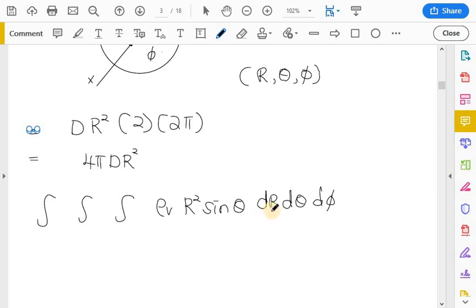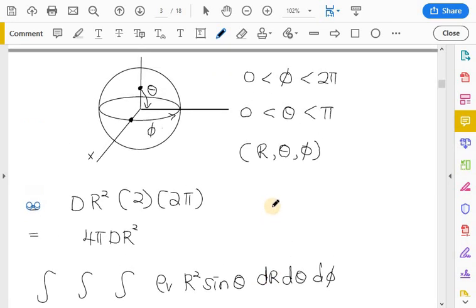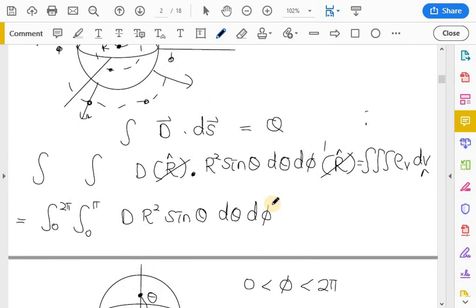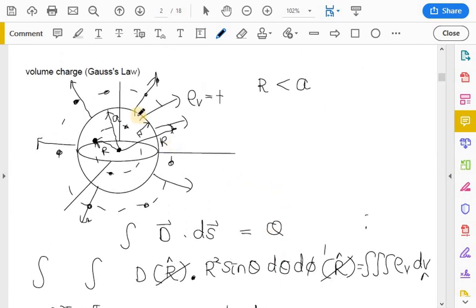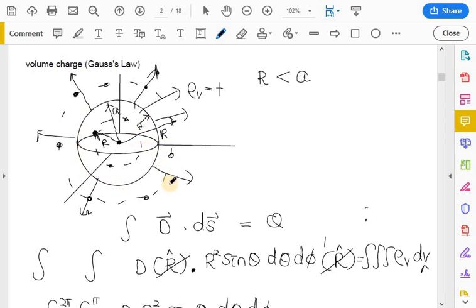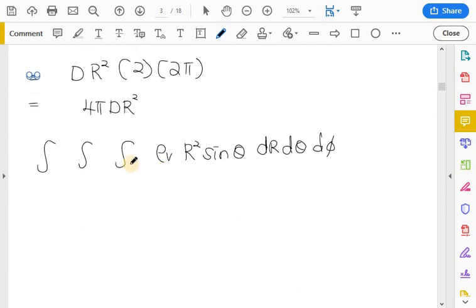Now is the r. We have to look at the source of the volume charge. This one will be the source of your volume charge, and its radius is according to the radius of the sphere, so it will be from 0 up to R. And theta again will be from 0 to pi. And the other one will be 2 pi.